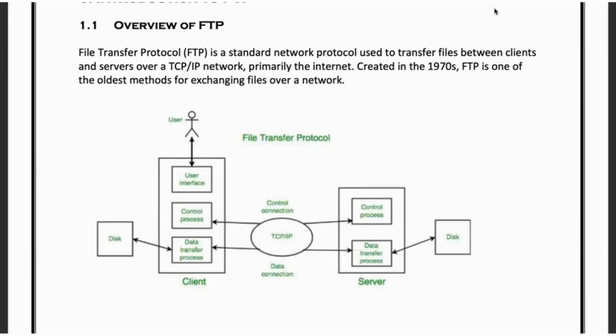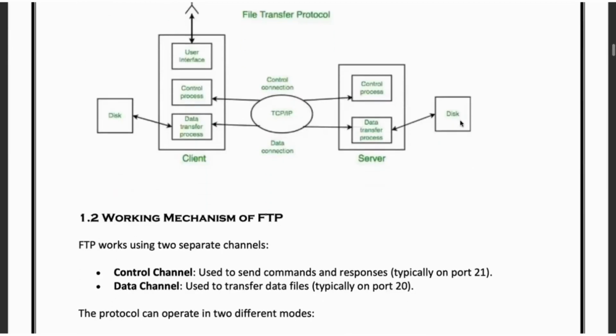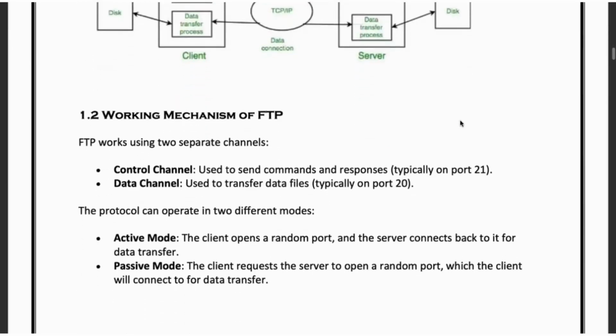FTP basically uses two types of channels. One is the control channel that is used to send commands or responses, on port number 21, and a data channel that is used to transfer data files, running on port number 20.